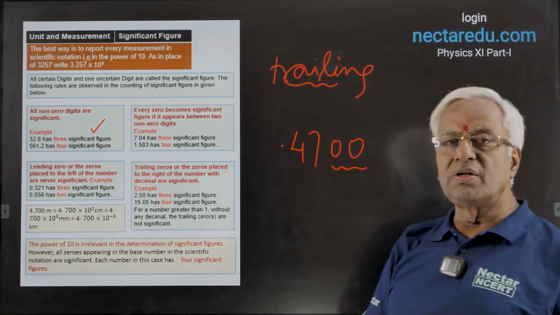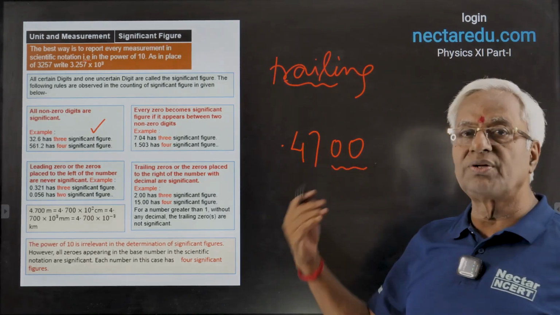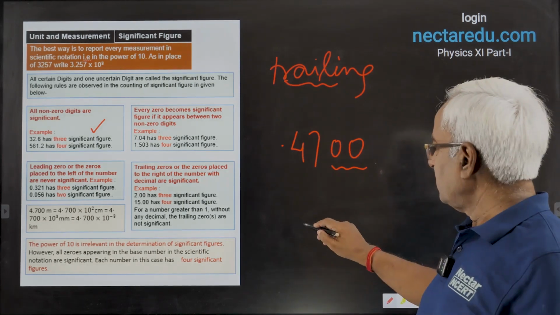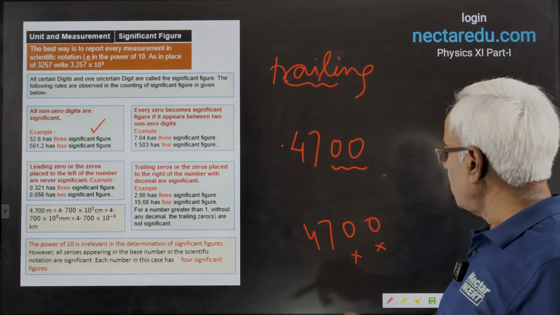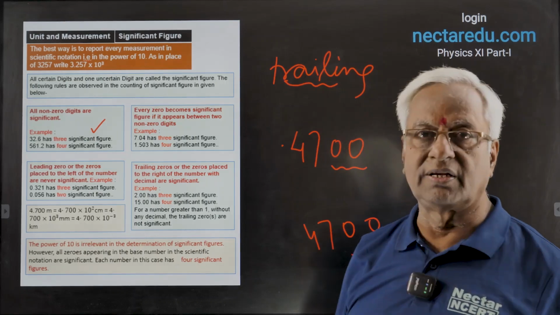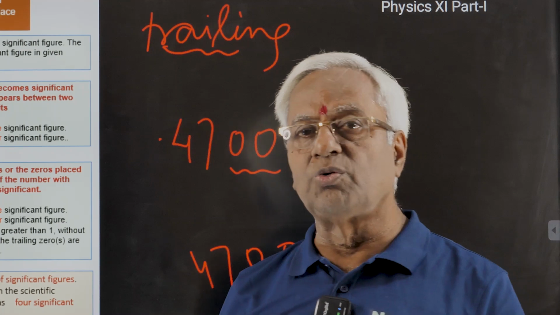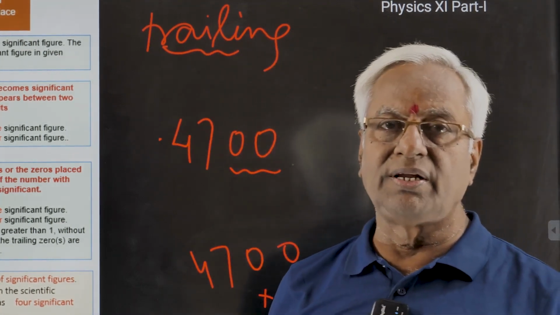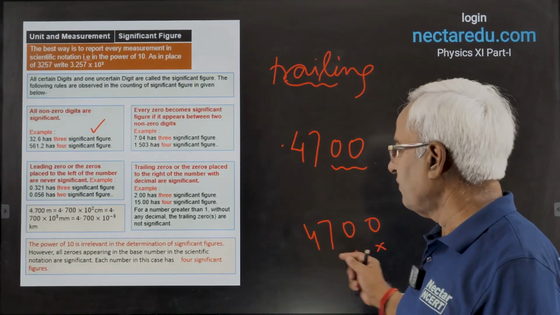Trailing zeros will be counted as SF if there is a decimal in the reading. If a decimal is not there, like 47, then these will not be counted as SF. So one thing to remember specifically: if there is a decimal in the reading, trailing zeros will be counted as SF. If there is no decimal in the reading, trailing zeros will not be counted as SF.